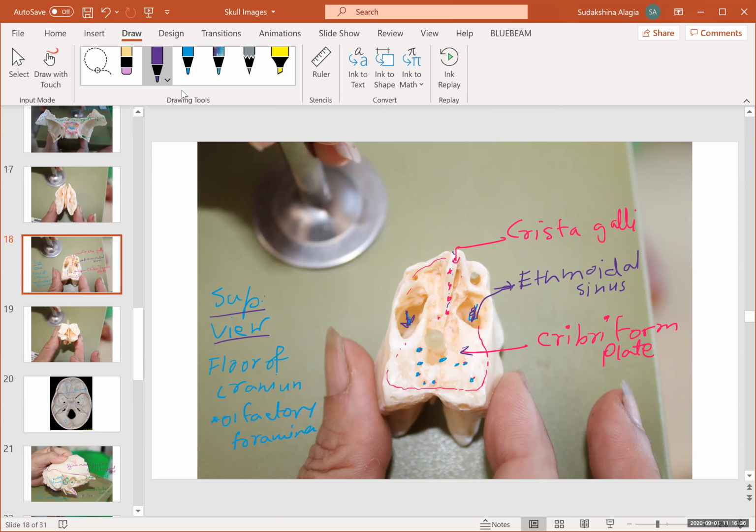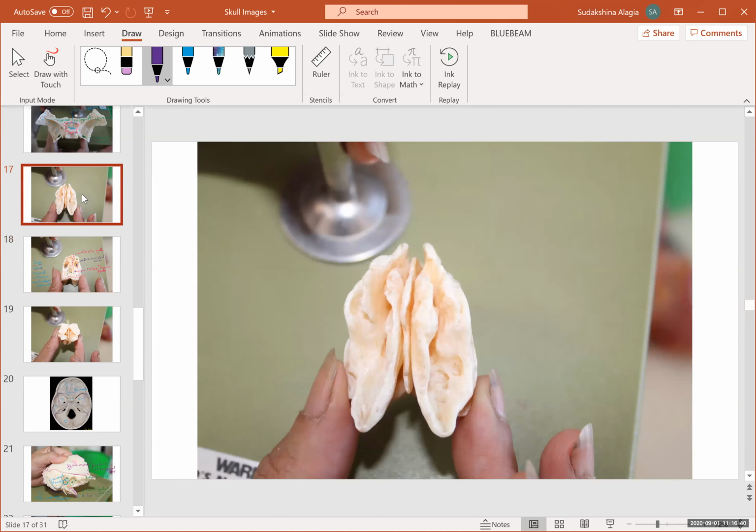Okay, so now let's flip this. You know what, let me try this. Let me try lowering the screen and see if I can turn the video on and do something here.